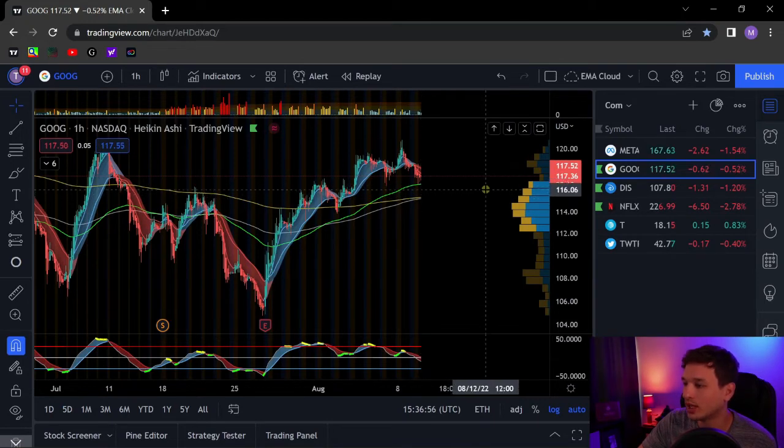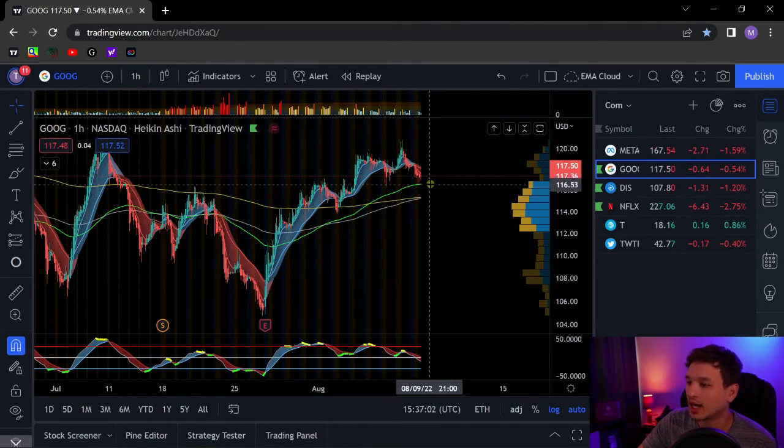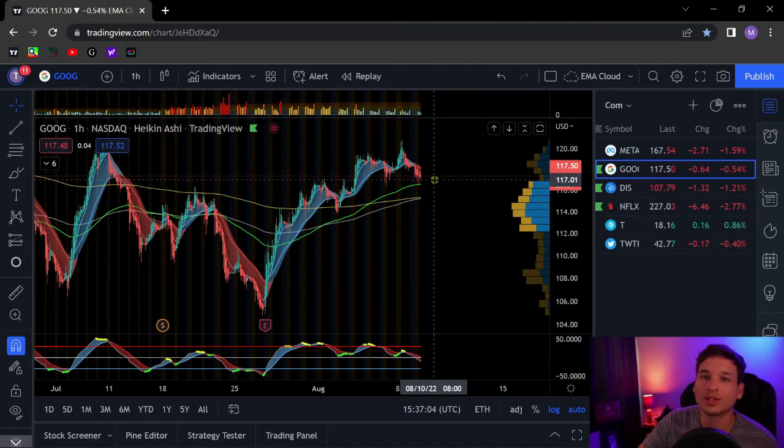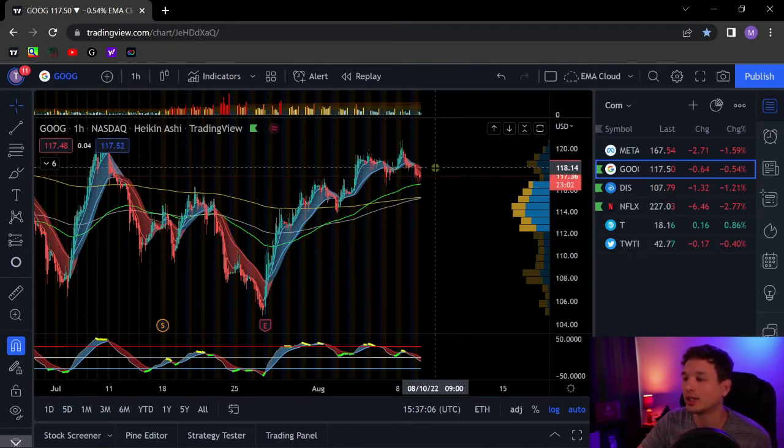But you do have increasing support on the VRVP as you go down, okay? So we might see a bounce. If you come down and see a bounce and then come up over this 50-day moving average, it's a signal that there's a continuation to the upside and you can enter in there.